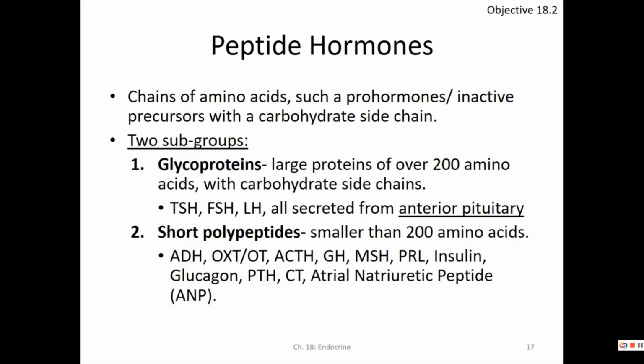ADH, antidiuretic hormone, oxytocin, ACTH, which stands for adrenocorticotropic hormone, GH growth hormone, MSH melanocyte-stimulating hormone, PRL prolactin, insulin, glucagon, parathyroid hormone PTH, CT calcitonin, atrial natriuretic peptide, which is a peptide, but there are smaller ones. Okay. You're like, how can I remember that? Well, I'll help you.